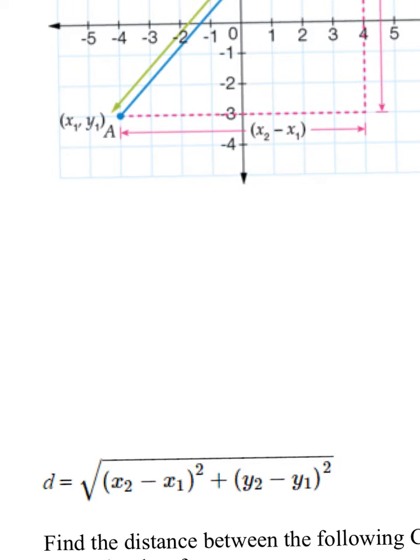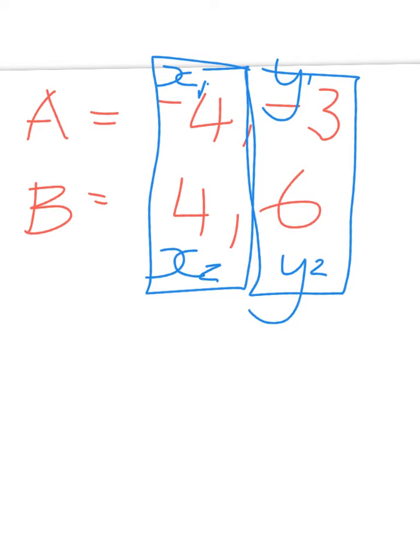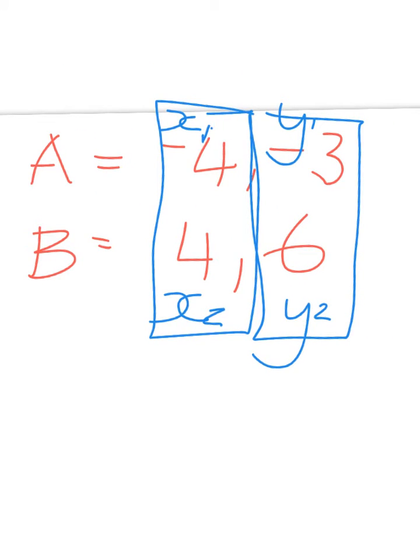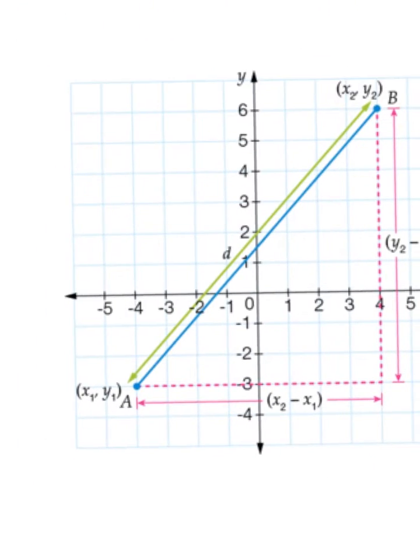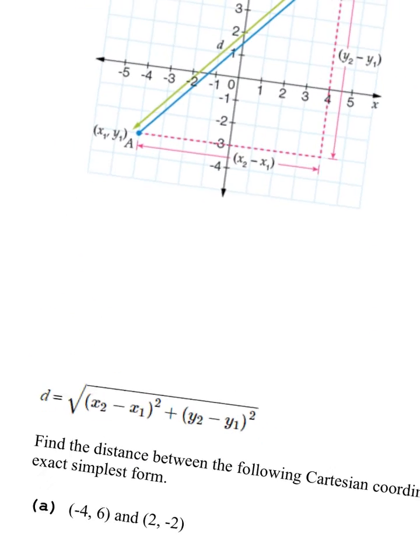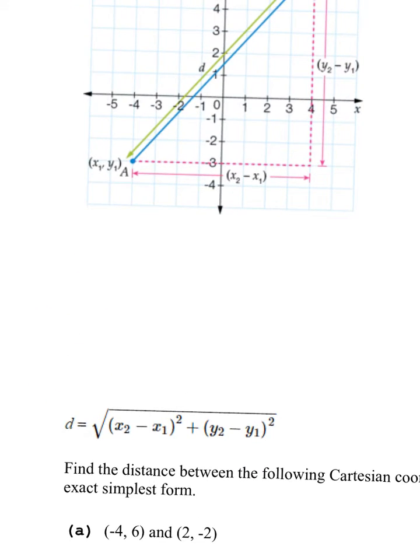So for this one it would be 4 take -4, and then y2 take y1, so 6 take -3. That gets squared, and we work it out just how we did it for Pythagoras.